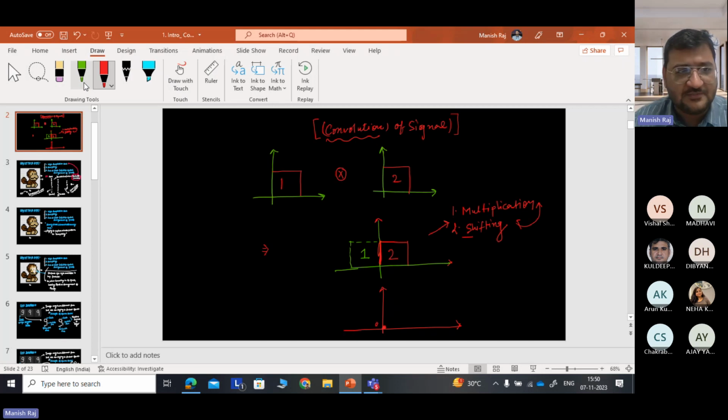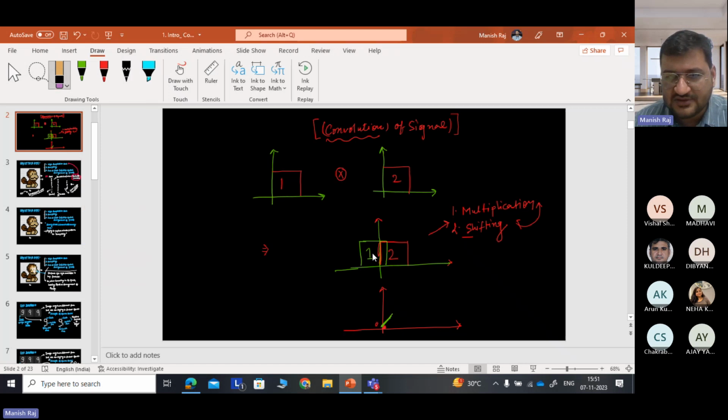Shifting means you will shift this one inside of the two. Like some instant I am putting it here. This is the one. So now if you multiply these two things, some output will be generated. Here I am showing it bigger, but that is some output that will be generated. Yes or no? Okay. Then what will happen if you shift again?